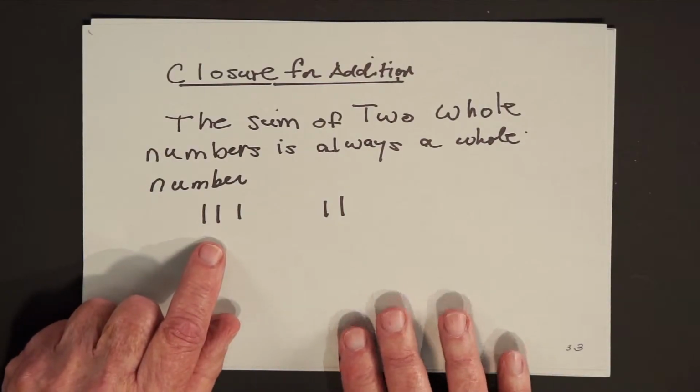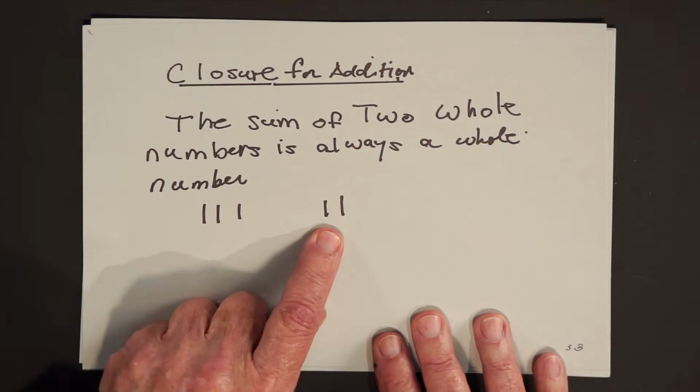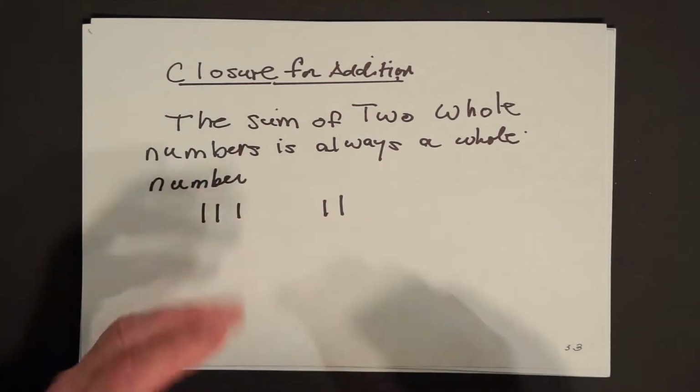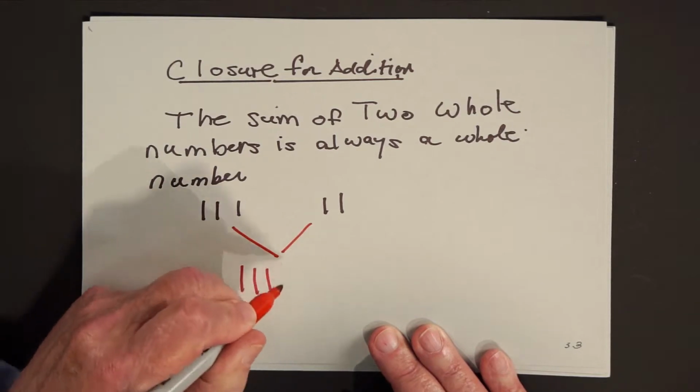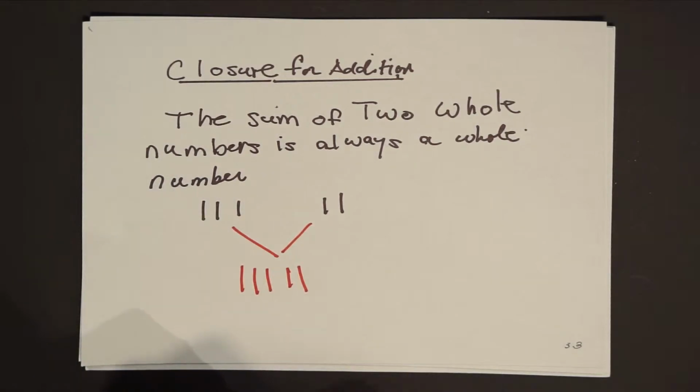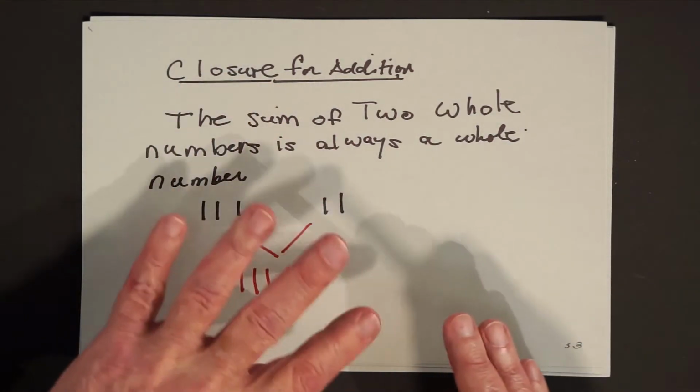But why can we say that the sum of two whole numbers is always a whole number? Well, look at it in terms of tally marks. Here's 3 and here's 2. Can I squish these together? If I have a bunch of tally marks scattered all around, I can squeeze them all together to form one bigger group. That's all the closure property says in terms of tally marks.